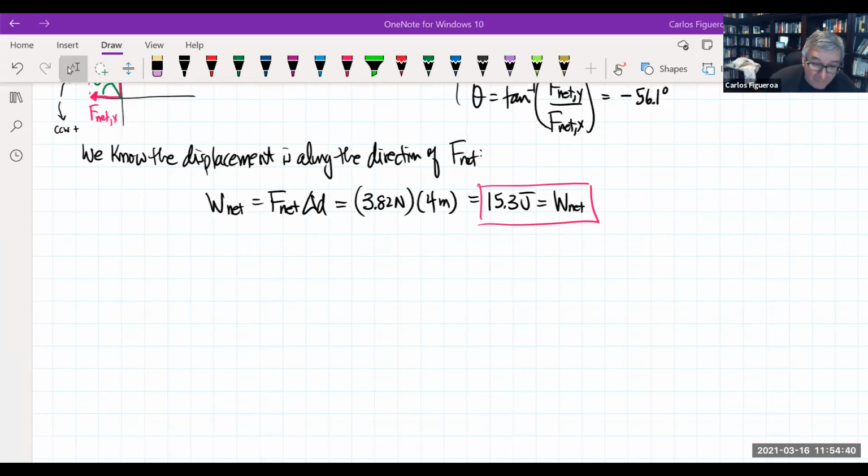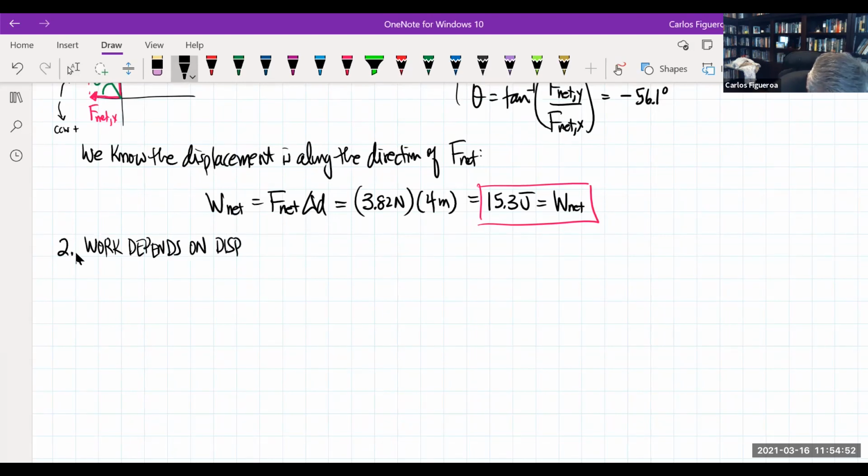Force here. So we want to talk about how work depends on displacement and force.